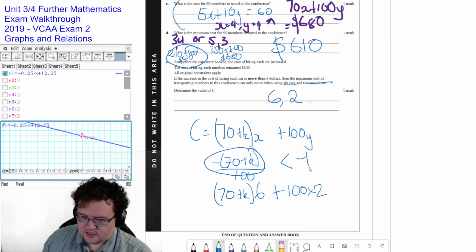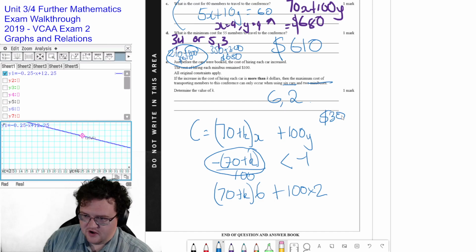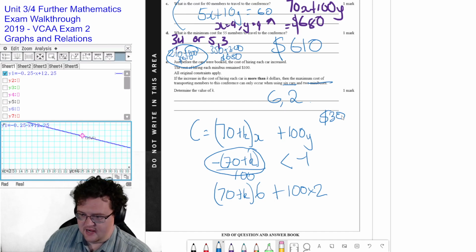The increase in cost is greater than K if K is 30. If it's 30, so if it's gone up by $30, then the only way any of this works is at 6,2.